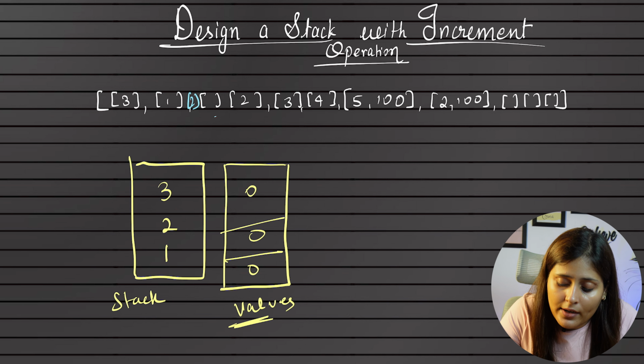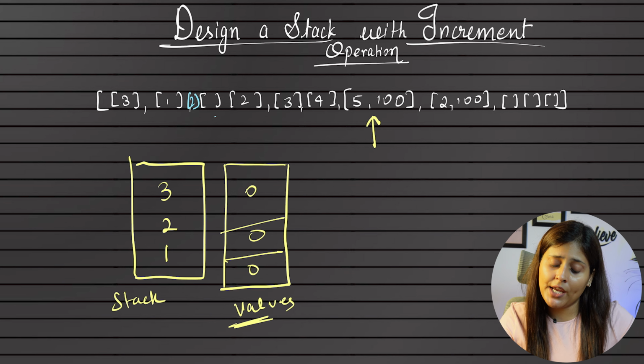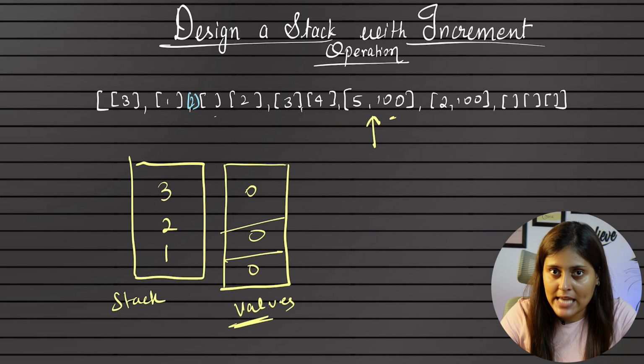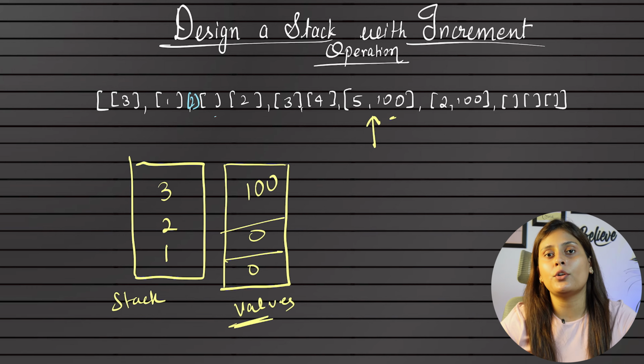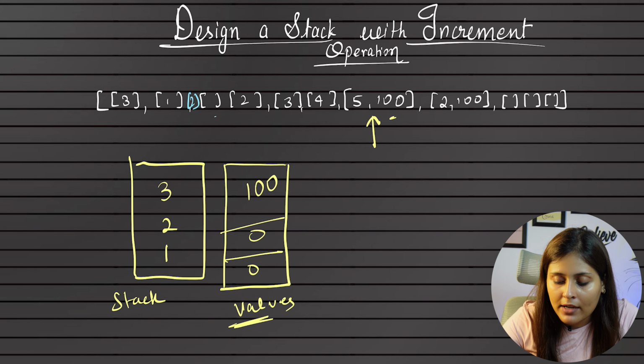Now here comes the call: change the bottom 5 values with 100. As you know, the bottom 5 values are not there, so the minimum will be 3, which is the stack size. So the idea is to just add 100 at one place only. We are keeping track with the index variable, remember?